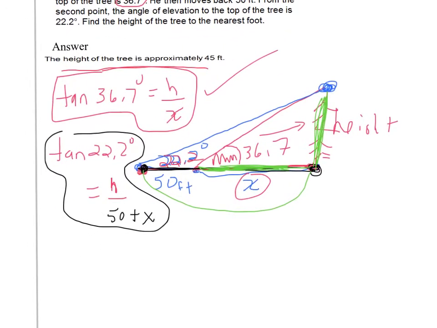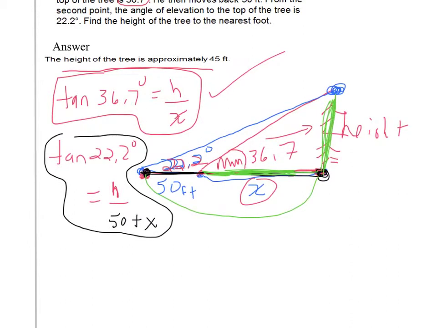What that basically means is that in both of these expressions we could isolate h. So if I cross multiply here, I know that h is tangent of 36.7 times x.